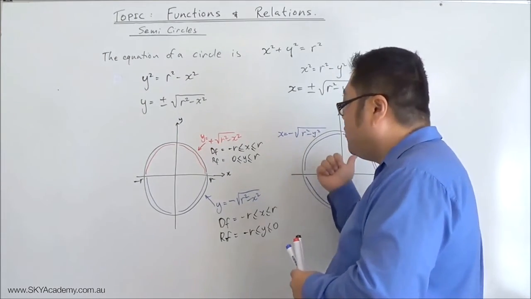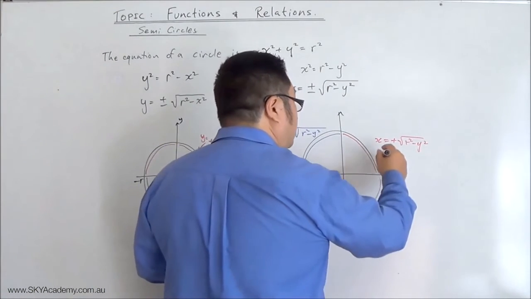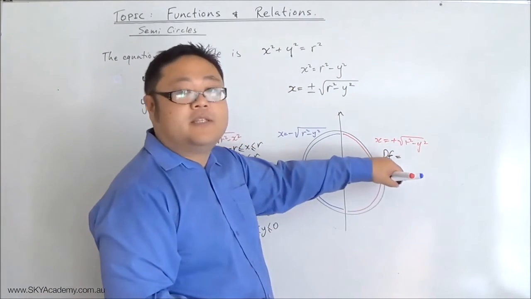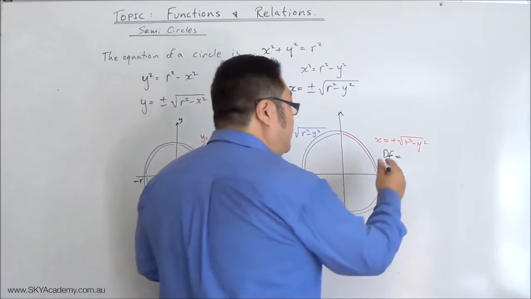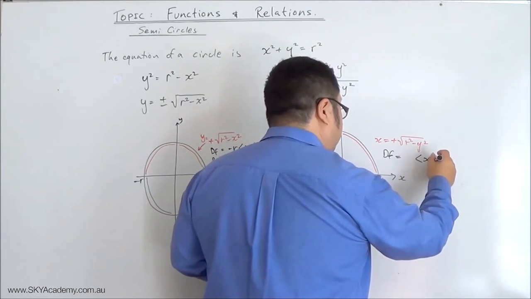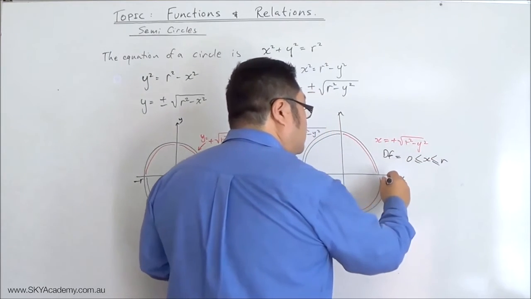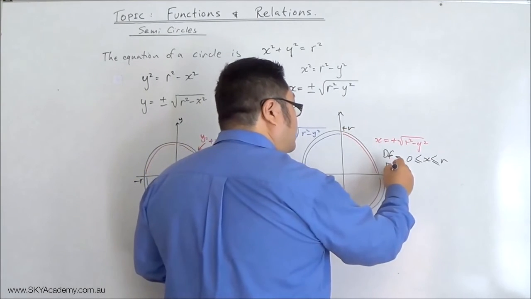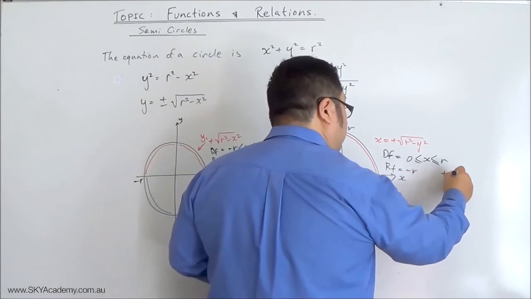Yep. Likewise on this side, the domain of this, so I've written capital D and F for the function. The domain of the function, Df, would be, what would it be? x between 0 and r, and the range of the function will be from negative r to positive r.